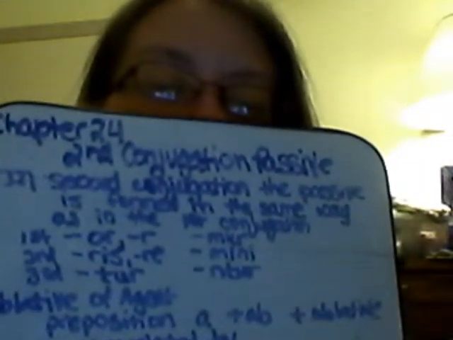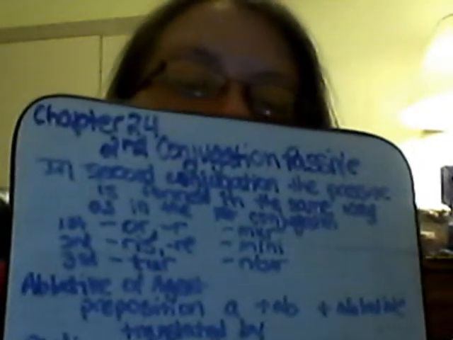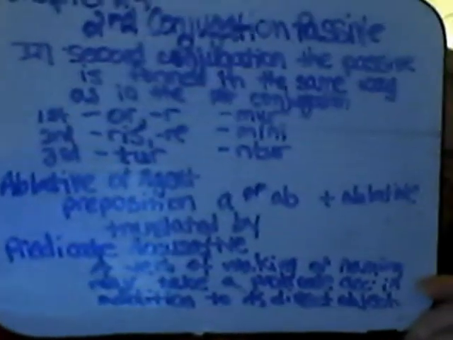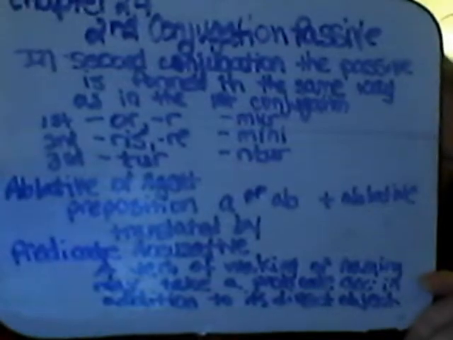The second thing we will learn is ablative of agent. You use the preposition a or ab, that should be ab, not an, plus the ablative, and you would translate it with by.